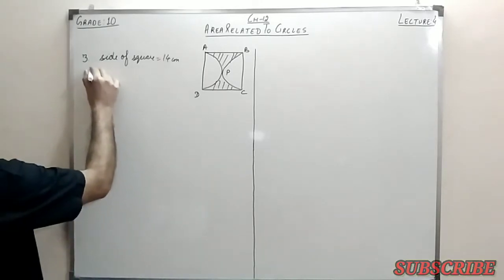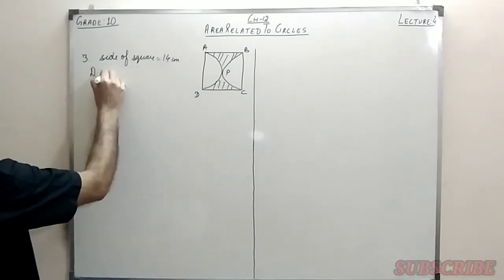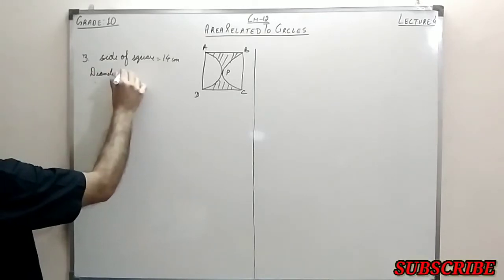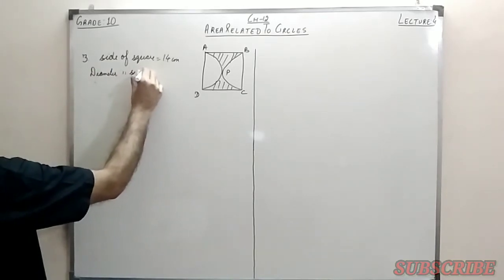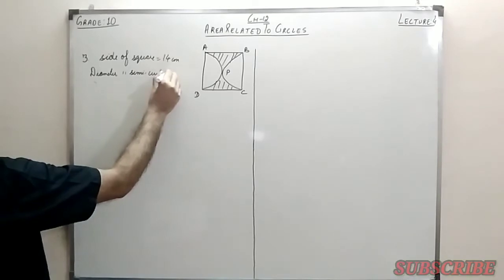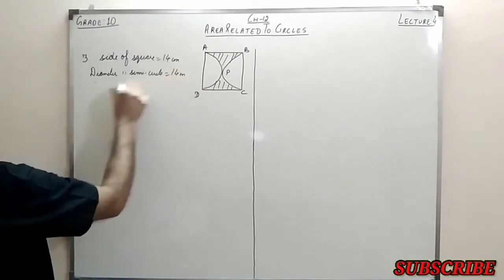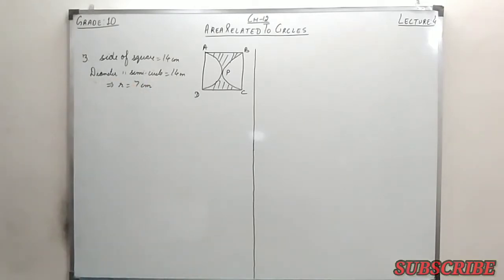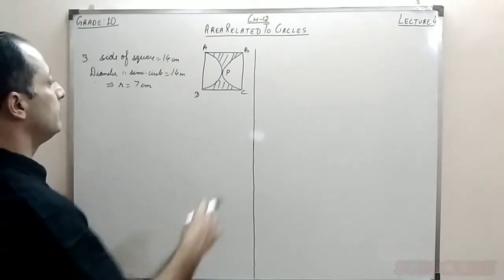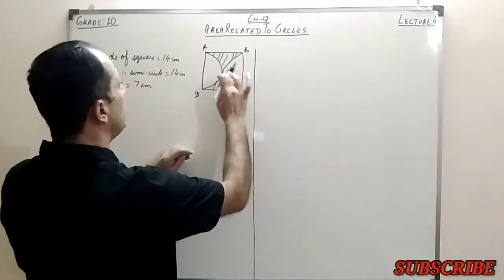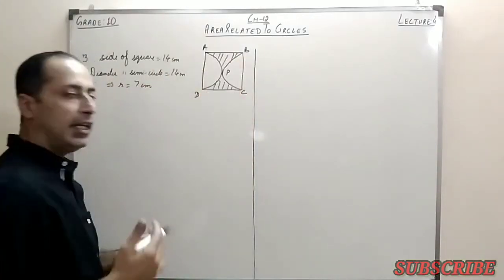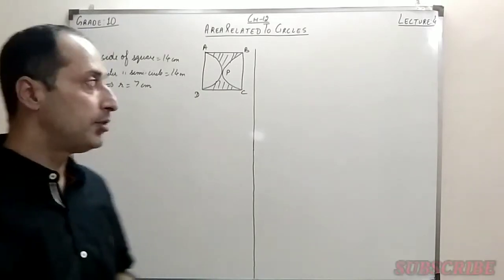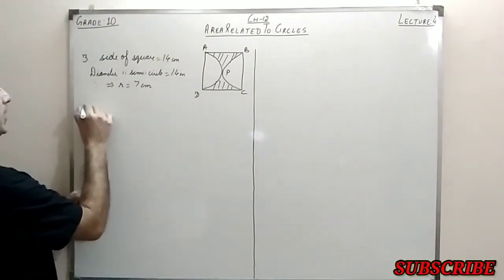So, diameter of semicircle is also 14. So, this means the radius would be 7 centimeter. Now, if we need to find the area of the shaded portion, again quite simple. From this complete square, I have to remove these two things. That is the area of the two semicircles.